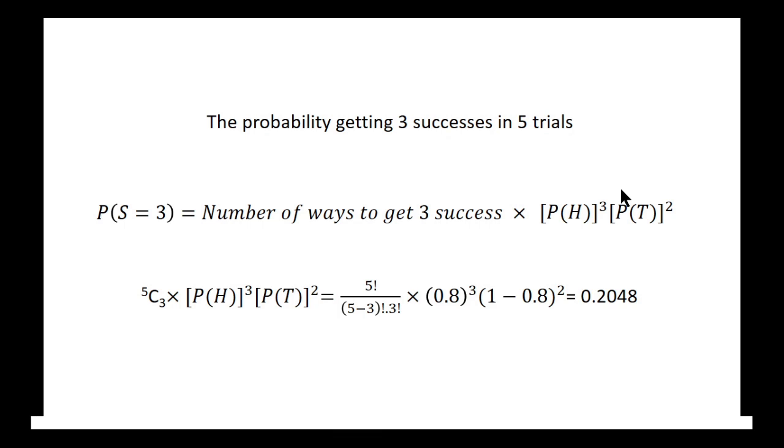So the final calculation to get the probability of getting 3 successes in 5 tosses is 5 choose 3 times probability of heads raised to the power of 3 times probability of tails raised to the power of 2. This is equal to 0.2048. Note that in this example also, each coin toss is a Bernoulli trial.